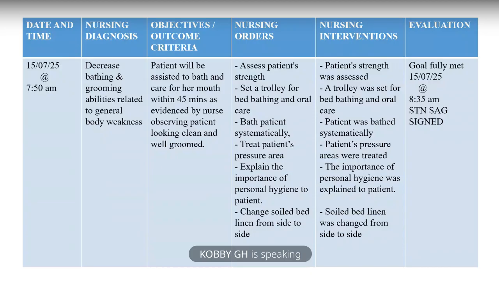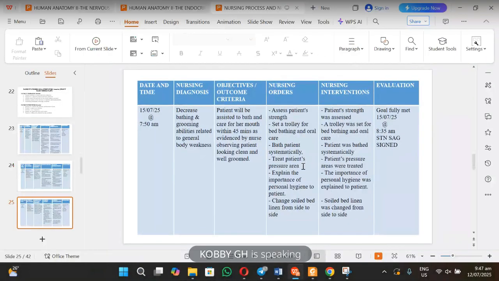Set a trolley for bed bathing and oral care, because I am doing a combine. I am looking at the mouth care and bathing. A trolley was set for bed bathing and oral care. Bath patient systematically. Patient was bathed systematically. Treat patient pressure areas. Patient pressure areas were treated. Is that okay? Please, can you all see that?